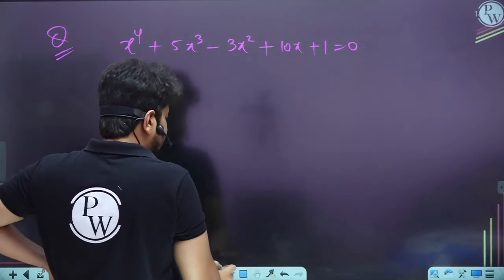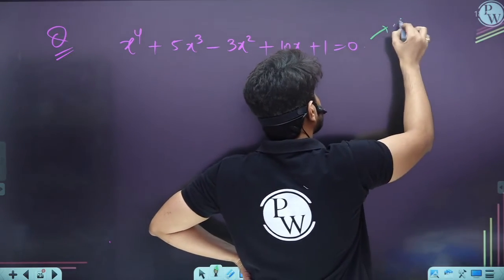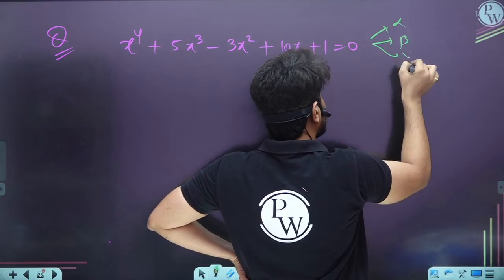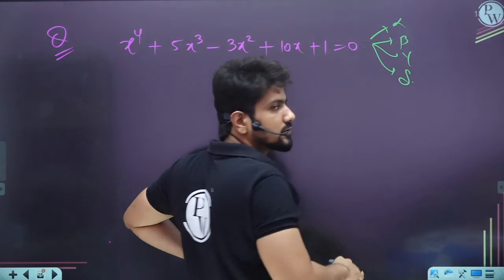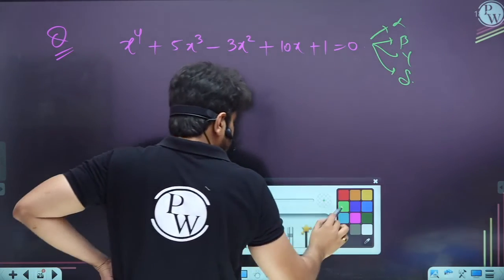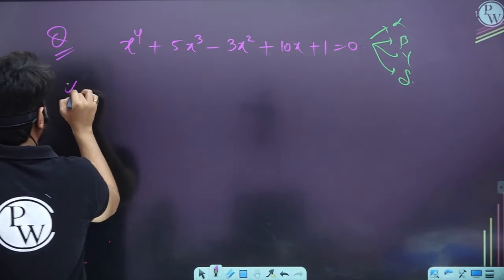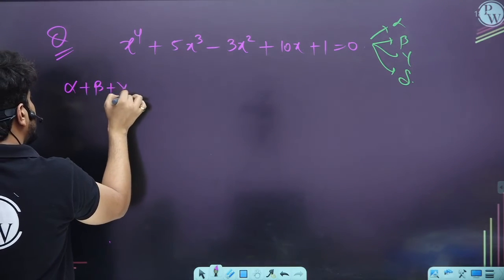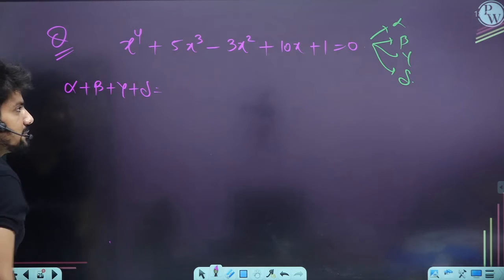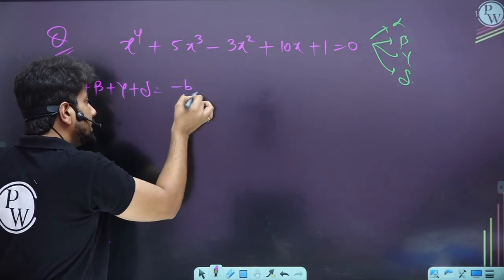Now this time we'll have 4 roots, alpha, beta, gamma, delta. The same thing again, if I ask you the value of alpha plus beta plus gamma plus delta, the sum of roots, then you will say minus b by a.